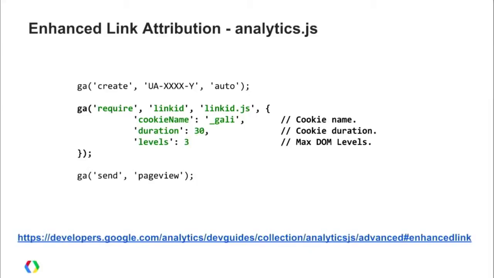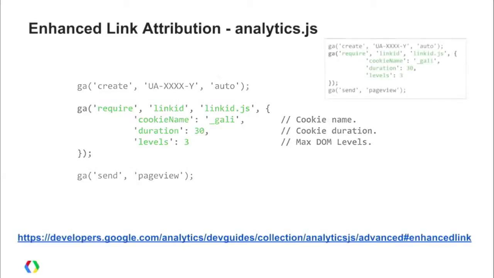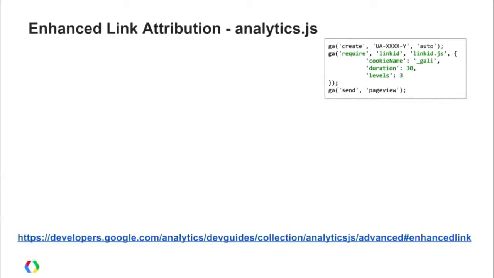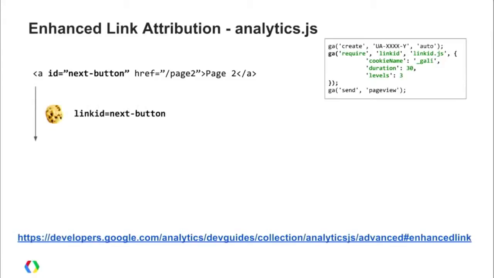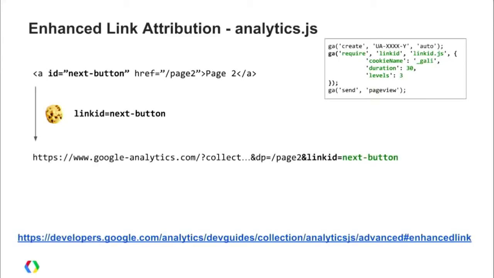Really quickly, the way this one works: once you load the link ID plugin, which you'll see there, if you have a link on the page that's pointing to a URL, in this case like page 2, when a user clicks on that link, we're actually going to write the link ID to a cookie. And if that anchor element didn't have an ID, we would look up in the DOM to try to find a parent element that did have an ID, and we'd use the first one that we could find.